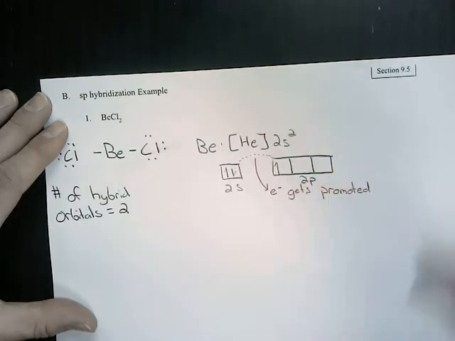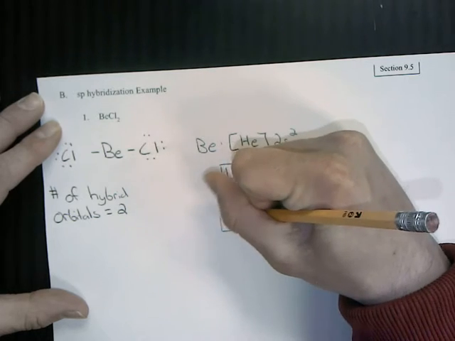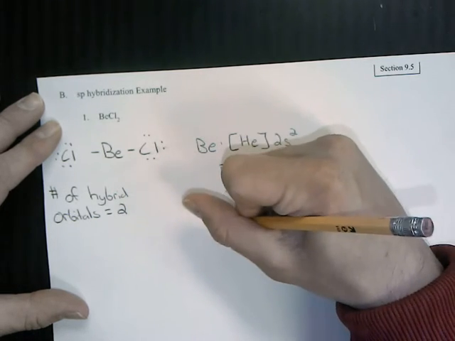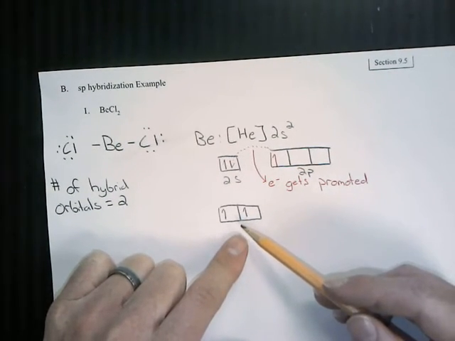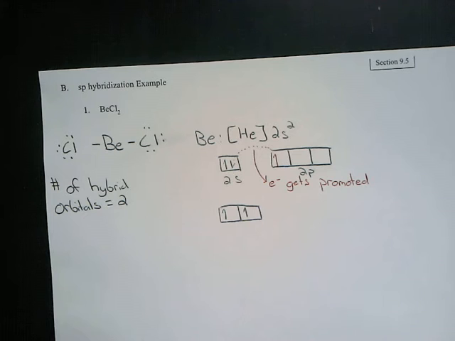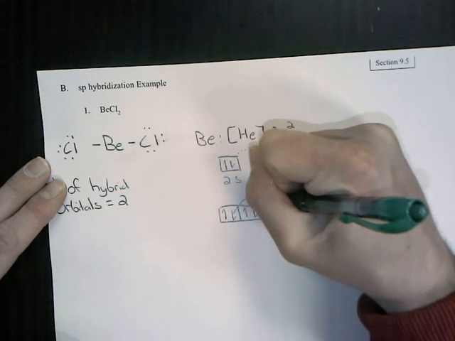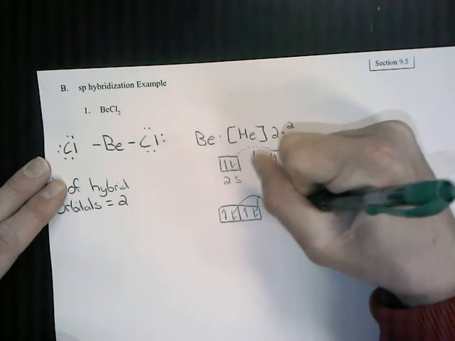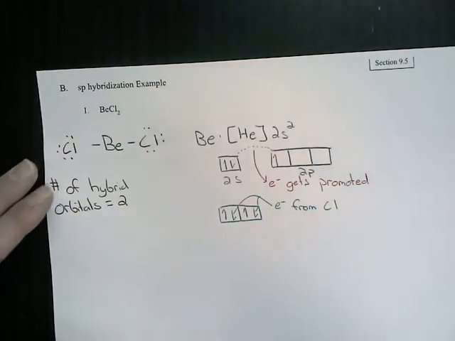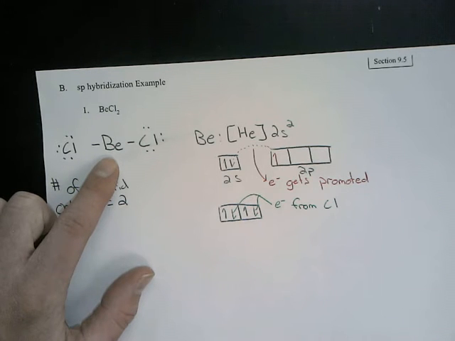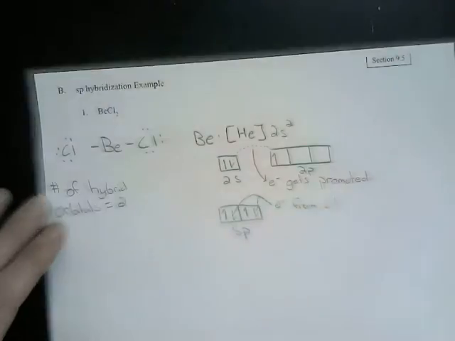And so what happens here is now we have an sp hybrid orbital, where these electrons that I wrote here in pencil are from Be, and then I'll write here in green, this makes room for the electrons from Cl to come in and bond with our central atom Be. And again, this gives us our sp hybridization.